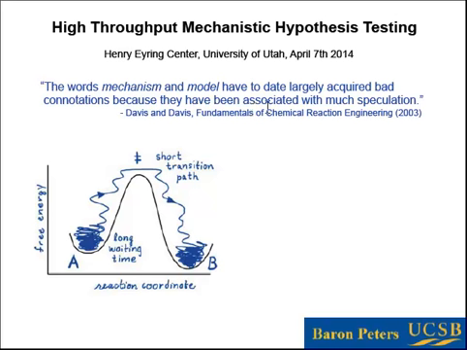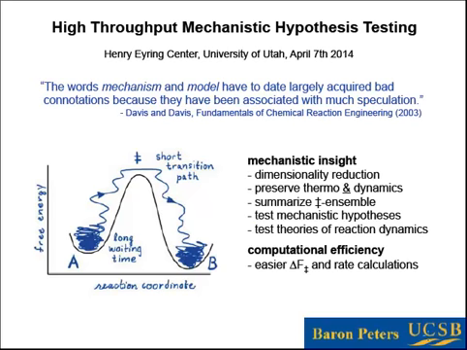They say that they have largely acquired bad connotations because they are associated with much speculation. So, I'm going to argue in this talk that we can actually do things in a more systematic way and come up with a more quantitative basis for the claims that we make when we talk about mechanisms in computational work. What do I mean by more systematic and quantitative analysis?